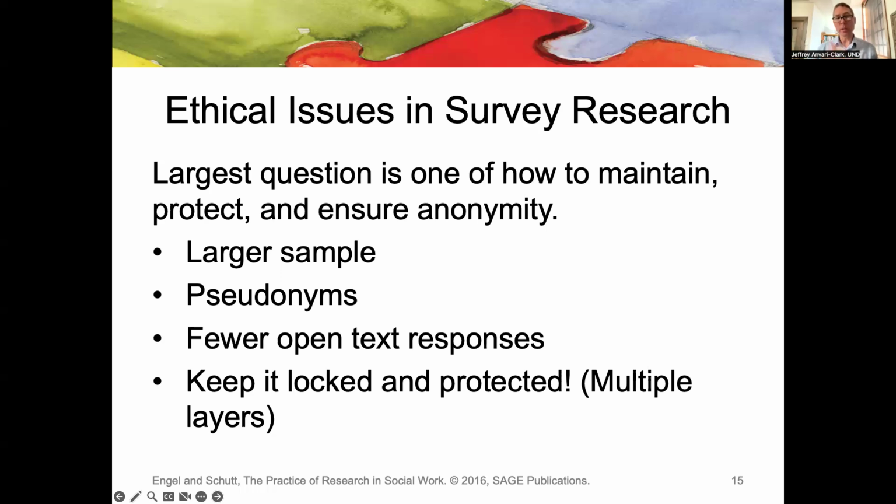So one of the ways in which we address that is with a larger sample, especially when we use pseudonyms for qualitative data. That's a way of protecting identities. Also using fewer text response boxes, because sometimes people will identify themselves through a situation that they knew.